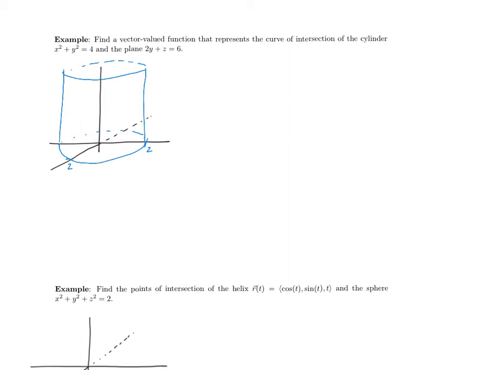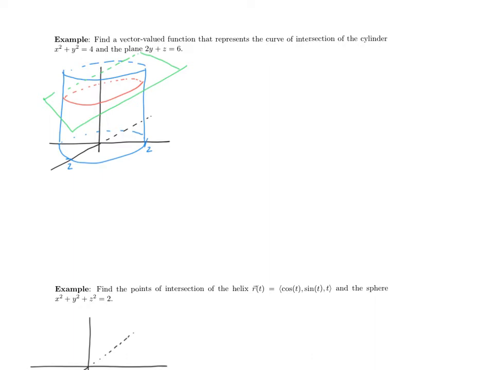So if I have a plane, I'm just going to draw a generic plane. I'm not 100% sure how much this would correspond to what we've indicated, but probably not all that well. But we have a cylinder and a plane, and visually we should now be able to see how they intersect each other. It looks as though they would intersect in a curve much like the one drawn here.